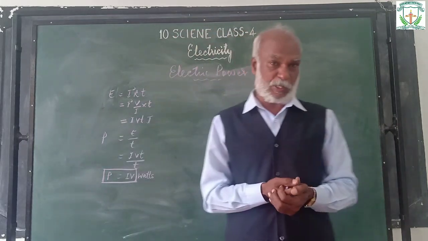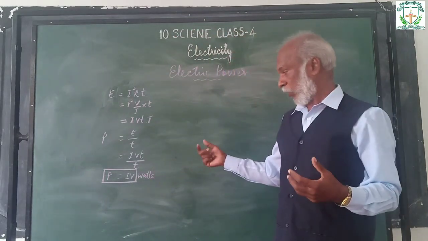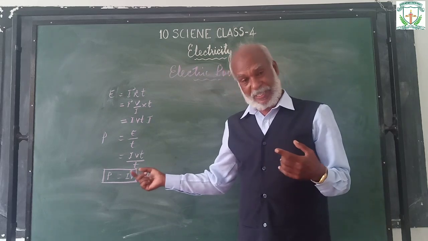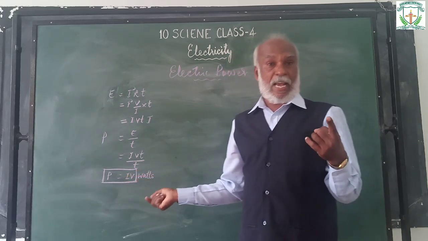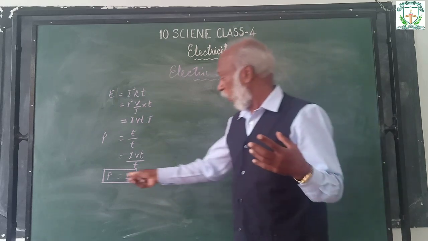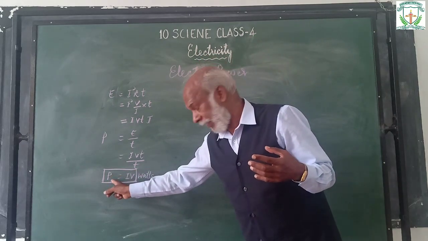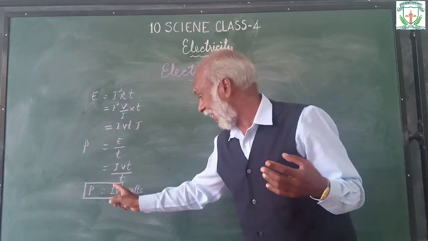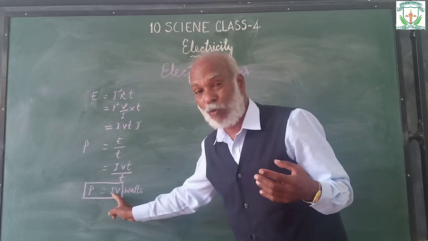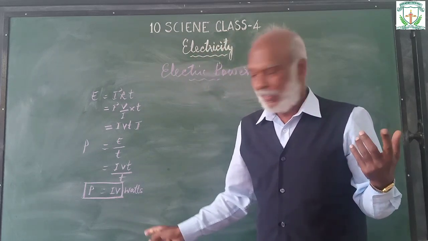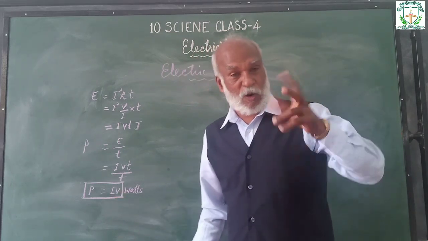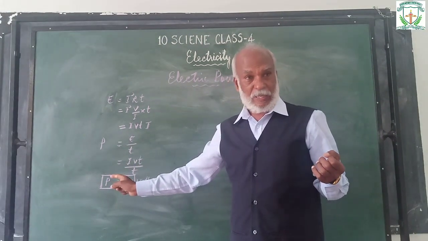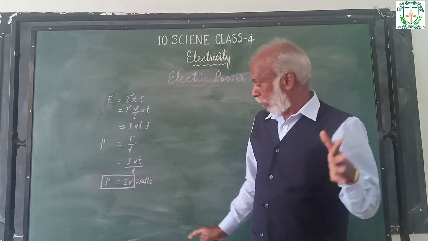So as a respect to the great scientist and engineer James Watt, the unit of power is taken as watts. So the electric power of a device is given by I into voltage. I is current, V is voltage. So the product of current and voltage gives the power of that device. Hope I made the point very clear.